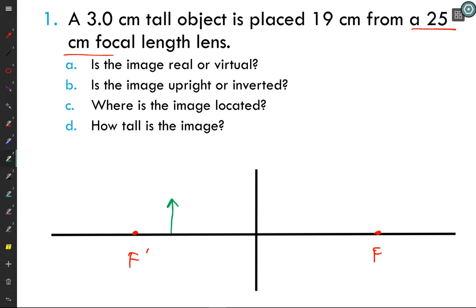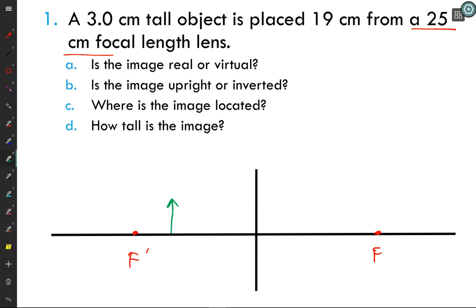Direction to the right is positive, and to the left is negative.